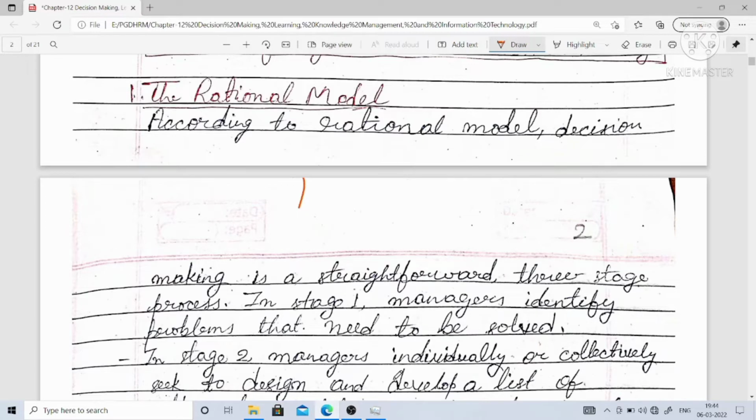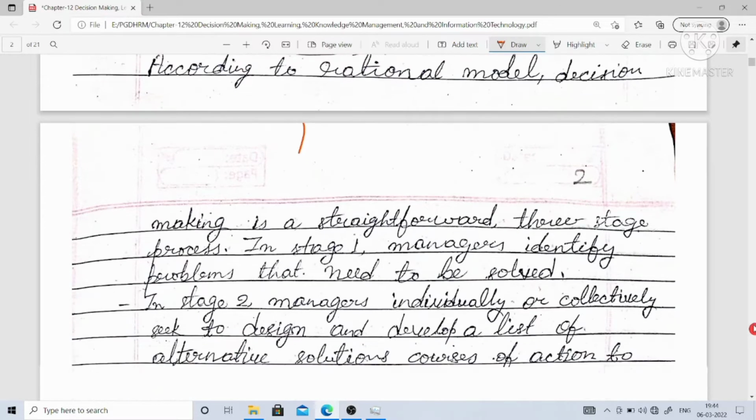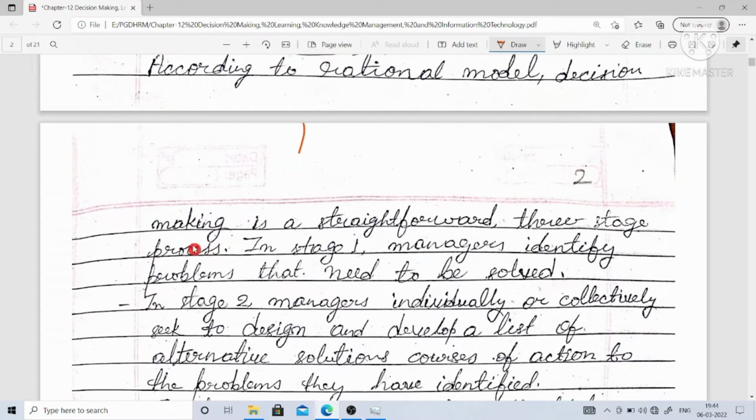According to the rational model, decision making is straightforward. According to the rational model, decision making involves a straightforward 3-stage process.